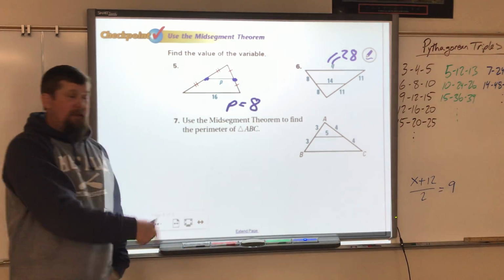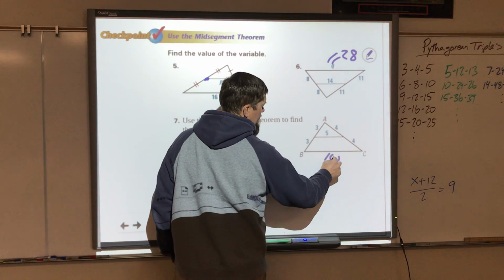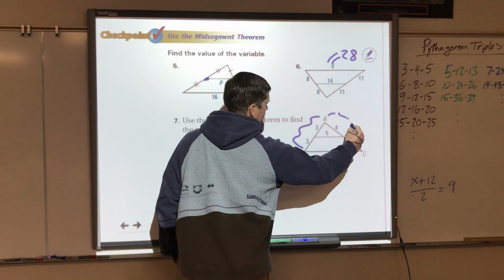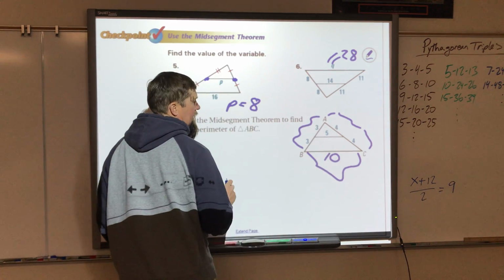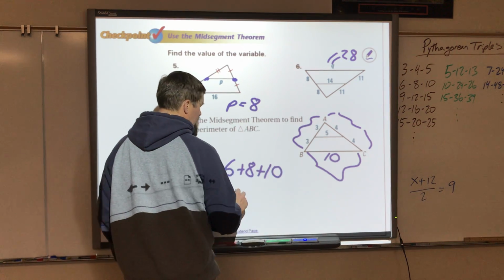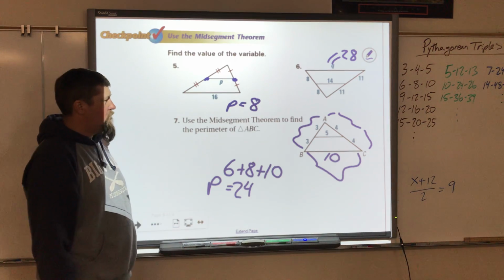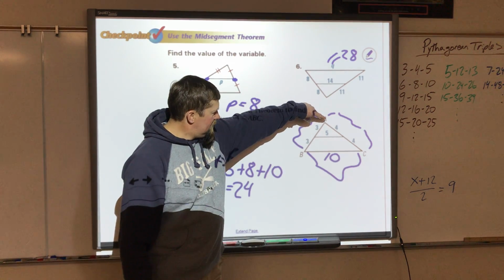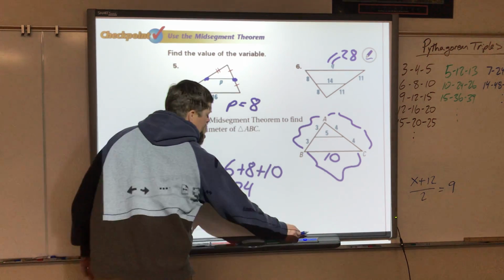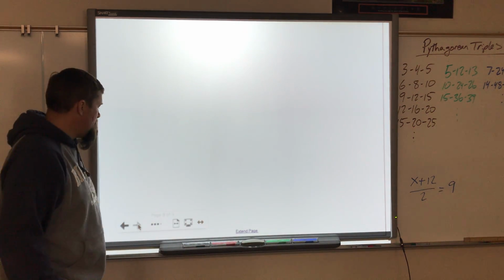The perimeter is the distance around. I know this one has to be 10, so the perimeter is 6 plus 8 plus 10, which is 24. And that's it for section 7.5.